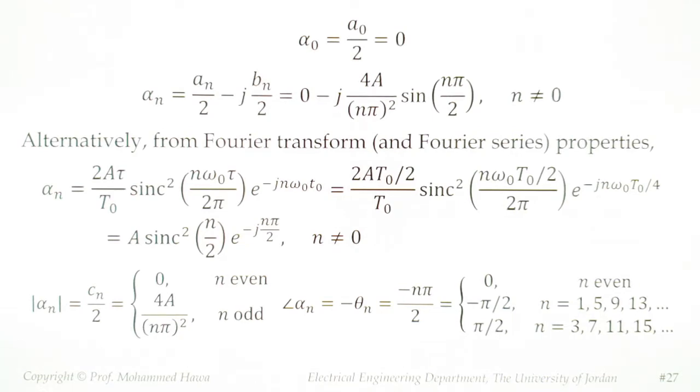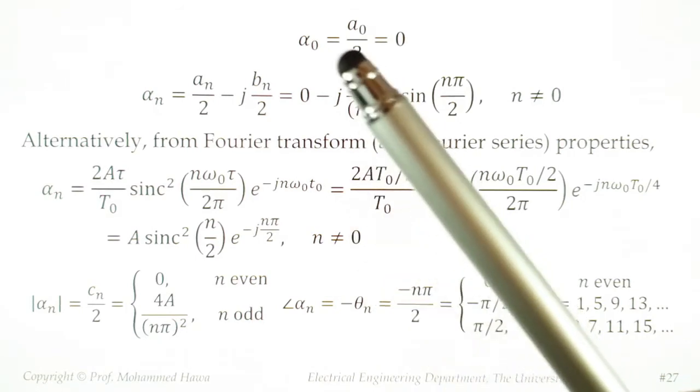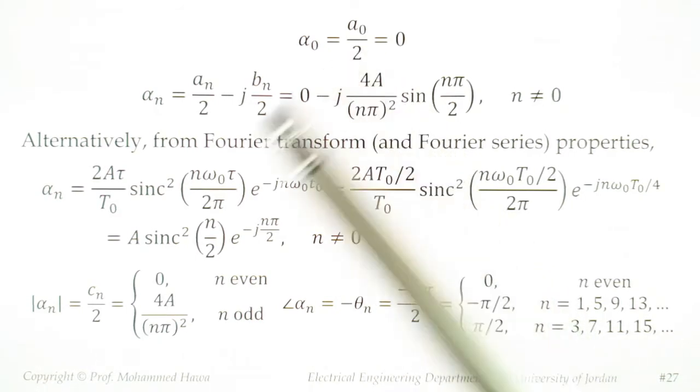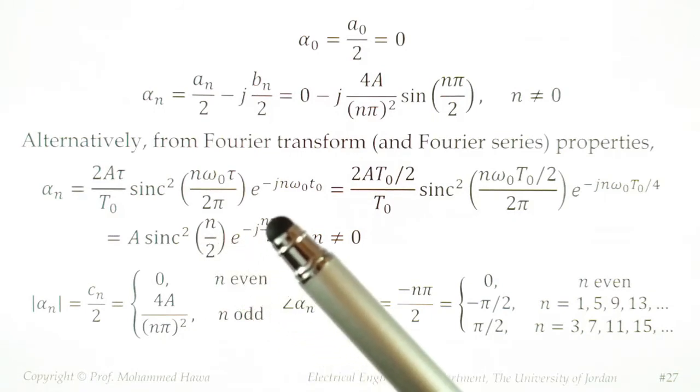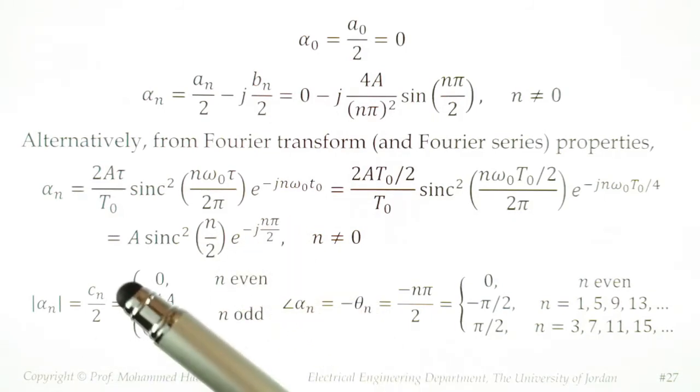Somebody might say, what about the amplitude shifting? What is the effect of amplitude shifting of minus A, minus 3, on those alpha n's? Well, I'll tell you later on that only alpha naught is affected by the DC shift, not any other n. That's why alpha naught here, which is equal to A sinc squared 0, and sinc squared 0 is 1, e to the minus j 0, e to 0 is 1, so you get A, and then you subtract minus A, the amount of amplitude shift.